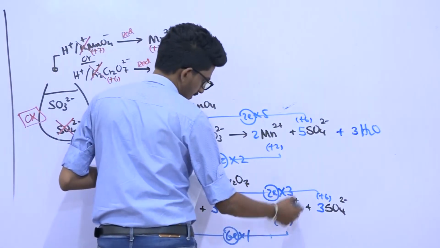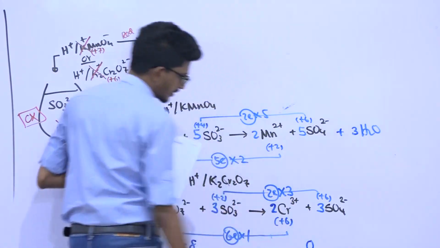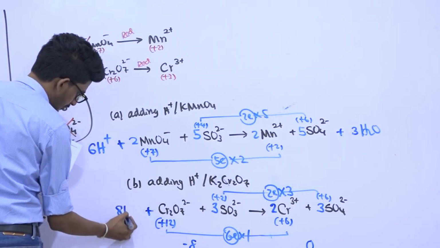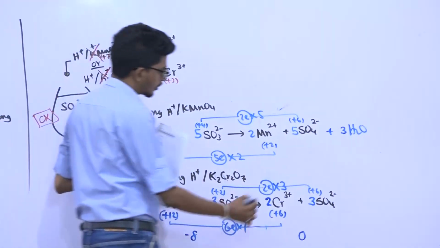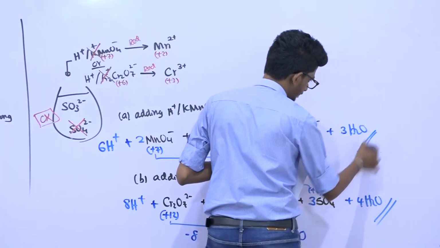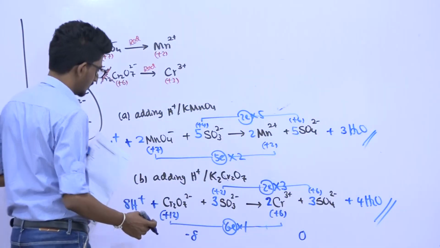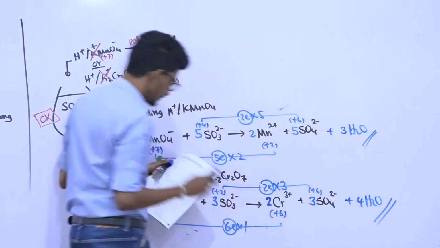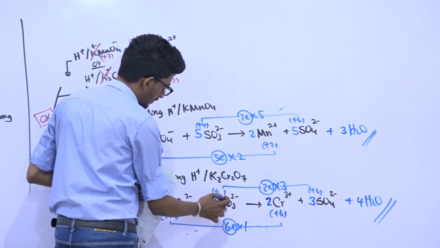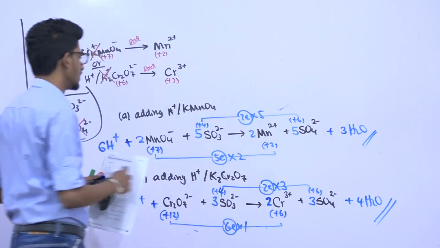Here plus 6 minus 6 is 0. That is 8 units, so 8 H pluses as the medium is acidic, and 4 H2O. Right? So that is how you are supposed to complete those on page number 10. Plus 4 and plus 6, yeah. Alright.